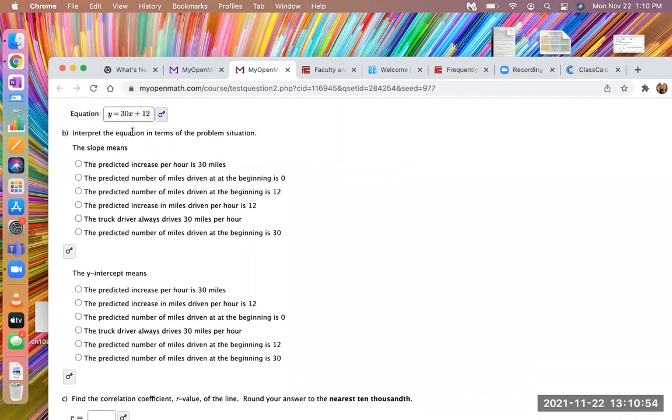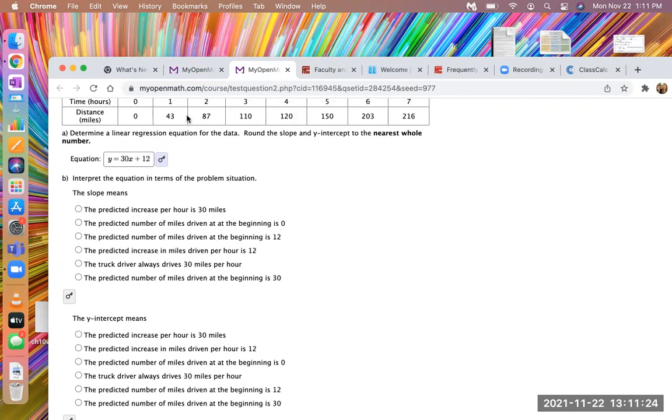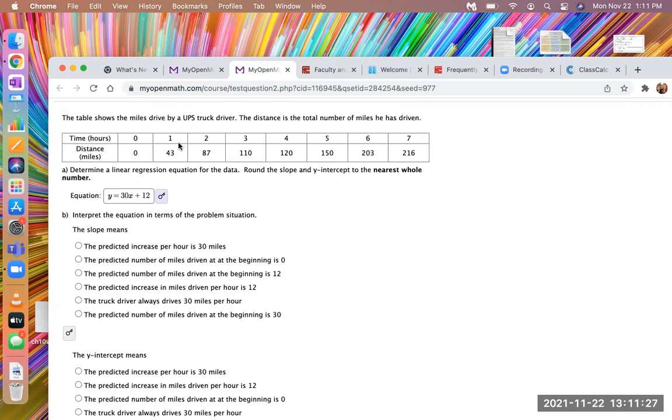Then they said interpret the equation in terms of the problem situation. The slope is the amount of movement, I believe, it's the rise over the run. So the amount of movement in the y coordinate, the dependent variable, based on one movement of the independent variable.